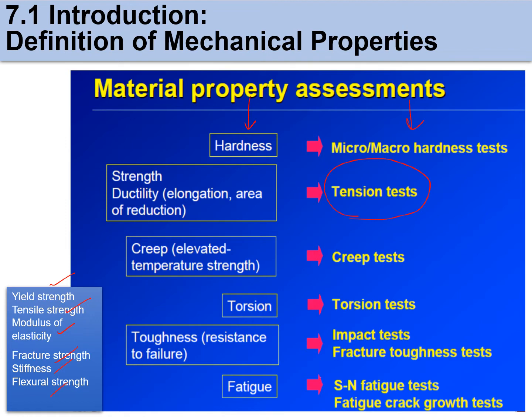And if you want to find the creep properties of the materials, you can use the creep test, the torsion test, the impact test for toughness, and fracture toughness. Last but not least is fatigue, for which you use the S-N fatigue test.